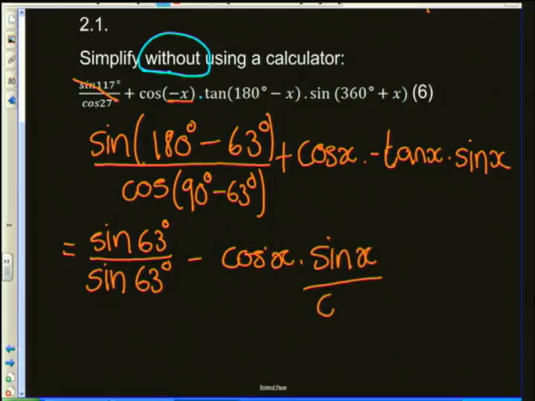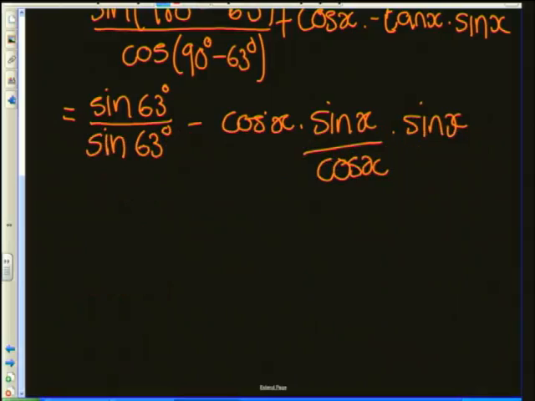That's what you should try to apply. Times sine x. This works out beautifully because the first part is equal to 1. And in the second bit, cos x divides out, so I'm going to be left with minus sine squared x.